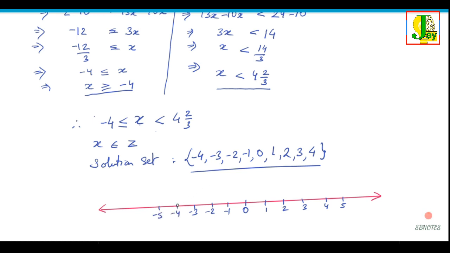So for the solution set, we have to represent them with the help of dots. Okay, so that's how it is done.